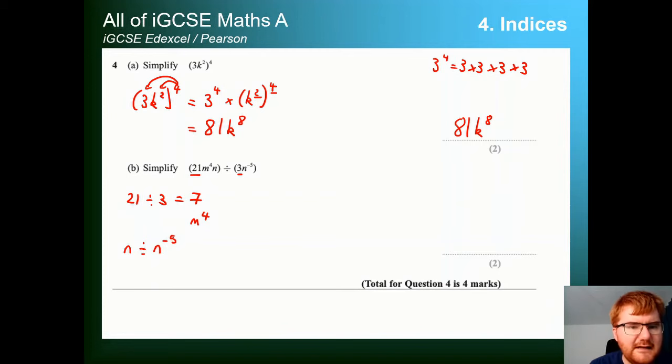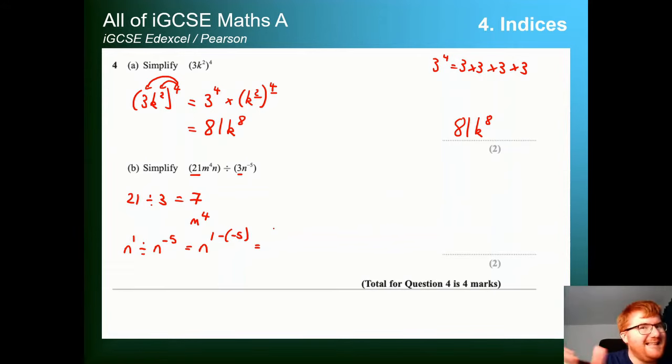This is where it gets slightly tricky. Now, first of all, n on its own just means n to the power of 1. Remember, when we're dividing with indices, it's a minus. So we get n to the power of 1 minus, for the divide, but don't forget, we've also got a minus 5 here as well. So we have 1 minus minus 5.